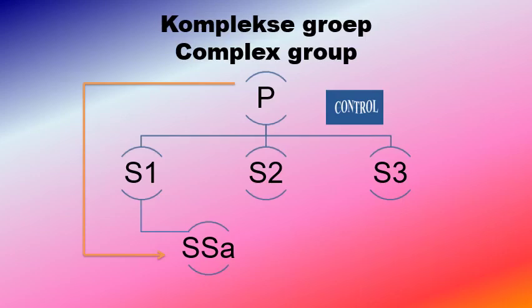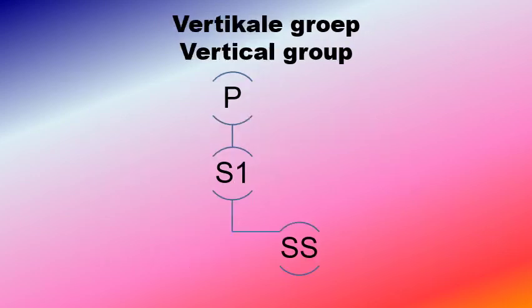So it's your parent with its 3 subsidiaries, and one of the subsidiaries also has a subsidiary, which makes it a complex group. We also get what we call a vertical group, where the line just goes down. So you have your parent company, which controls a subsidiary, and that subsidiary controls another subsidiary.